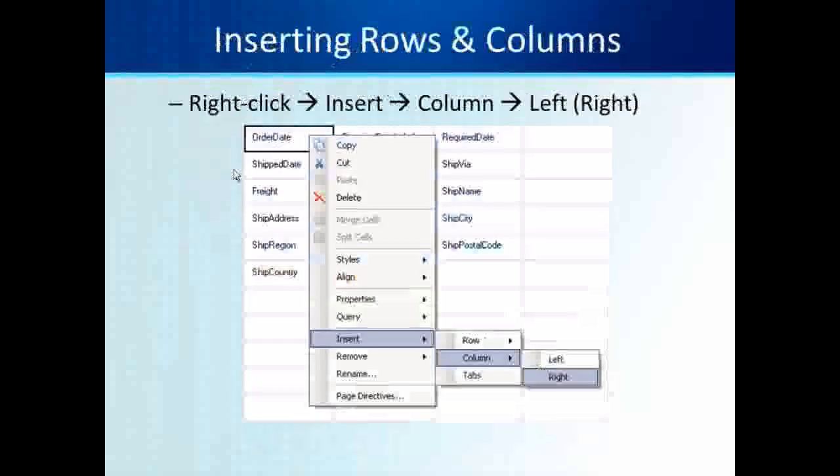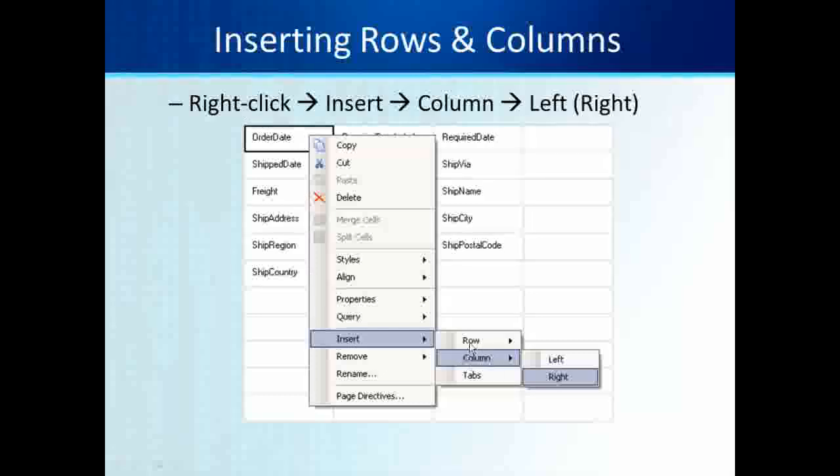Let's move on to the rows, and the beautiful thing is it's very easy to insert rows and columns into your web page. Like I said, you don't have to know any web technologies to do so. It's basically spreadsheets. What you do is you right click and you go down to insert, and you've got rows and columns and tabs.